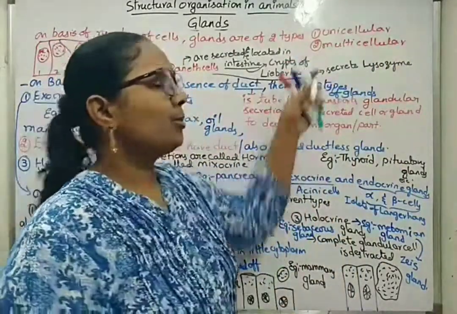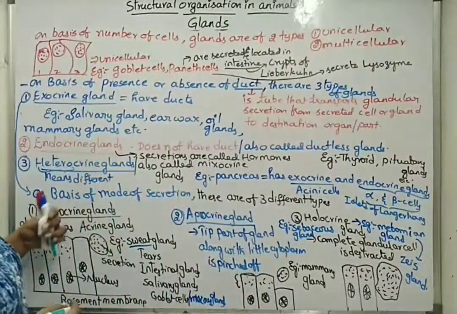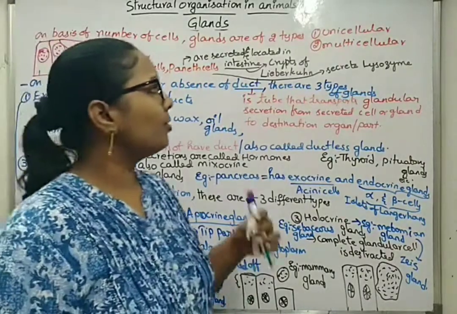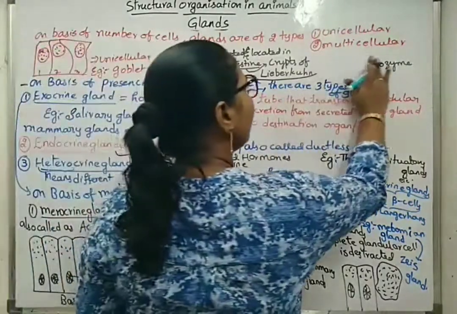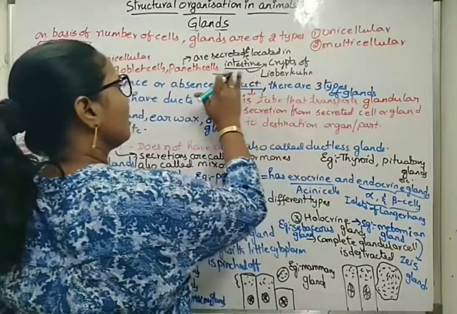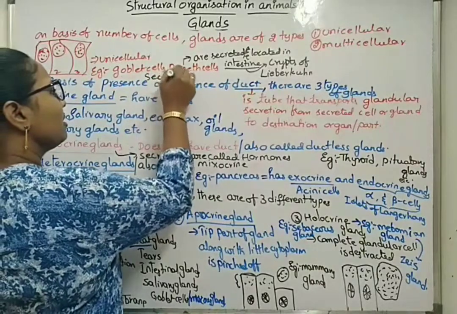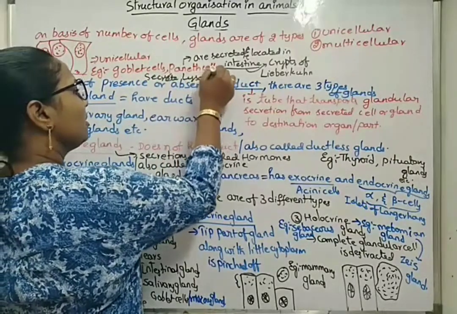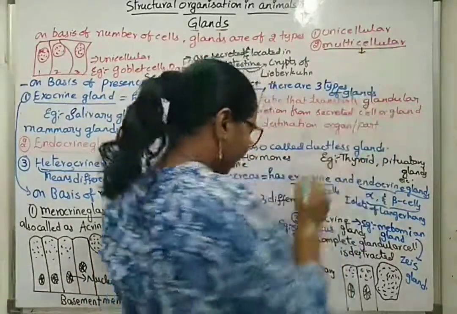So the examples for unicellular are goblet cells and Paneth cells. Now coming to multicellular.